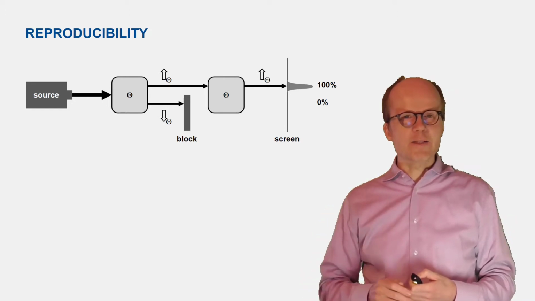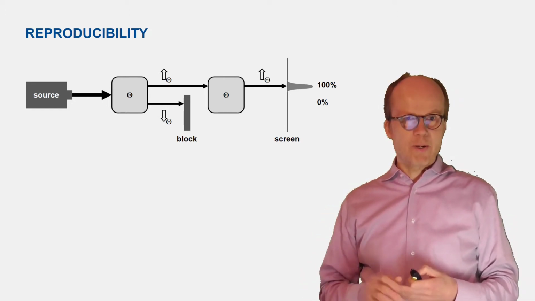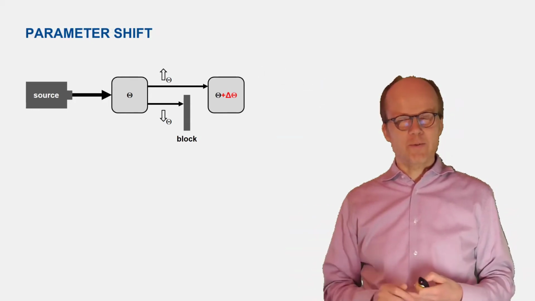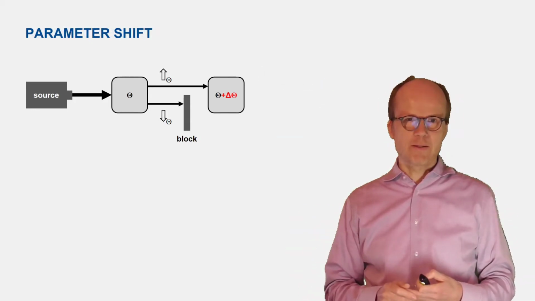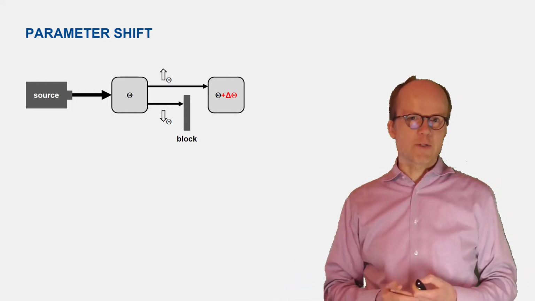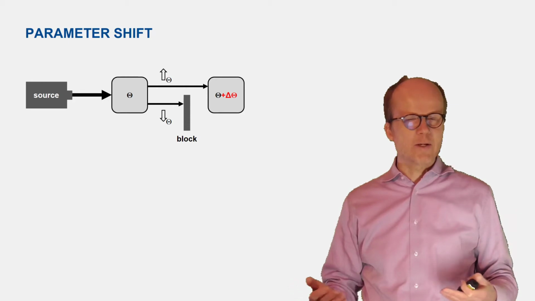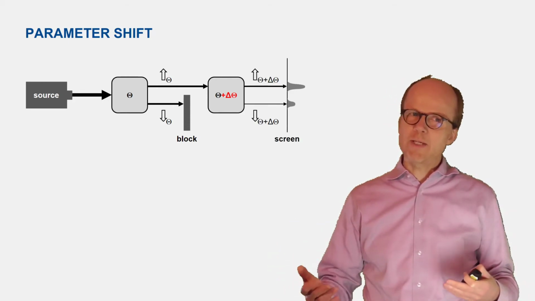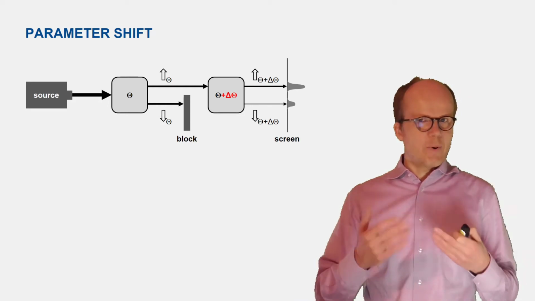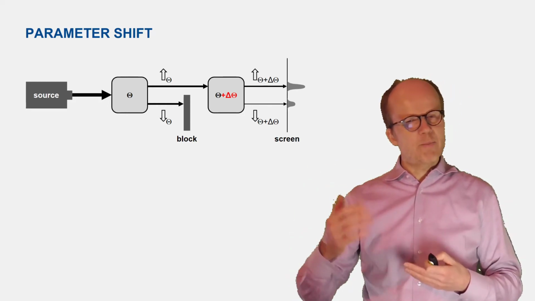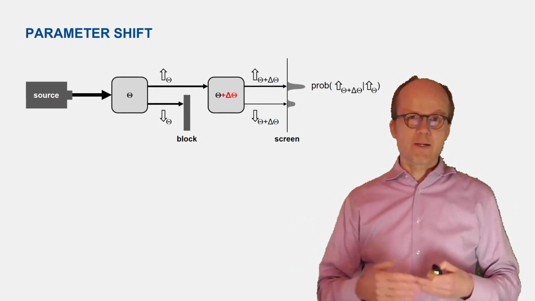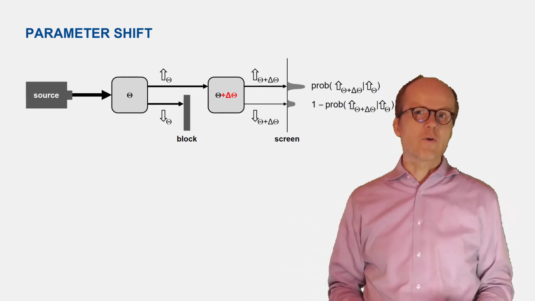If the second device is no longer at the same parameter setting, but the parameter setting is shifted by some delta theta, then we can no longer expect reproducibility. Then in general, the second device will split the beam again, and with a certain probability a particle will exit in the upper beam, and with the remaining probability it will exit in the lower beam.